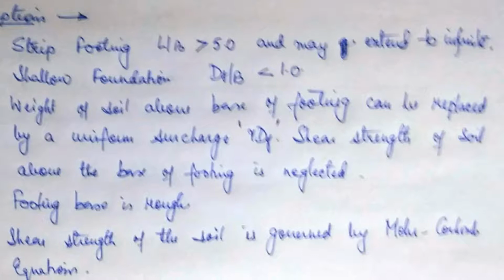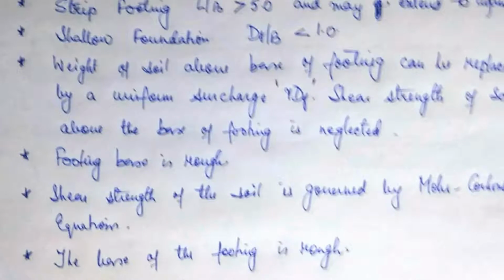He assumed that the shear strength of soil above the base of footing is neglected. That means the soil possesses no shear resistance to the base of footing. Then he assumed that the footing base is rough, and that the shear strength of the soil is governed by Mohr-Coulomb's equation.